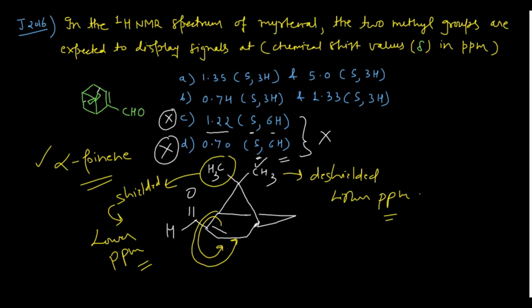But please remember, these are methyl protons, and in NMR spectroscopy methyl protons resonate at a very low ppm value. Not low field, sorry, we cannot say low field, we can say low ppm value. But here it is showing 5.0 ppm, and it is not possible for the methyl proton to resonate at 5.0 ppm.